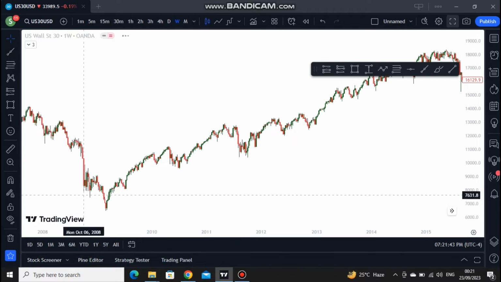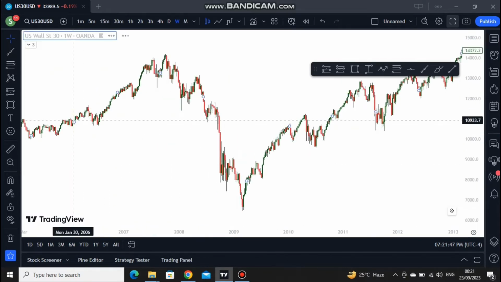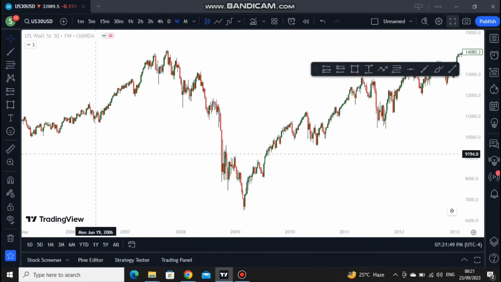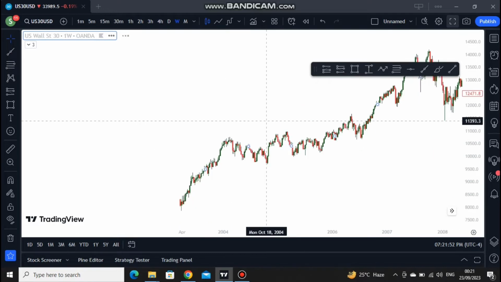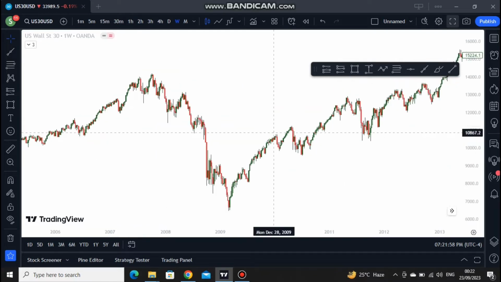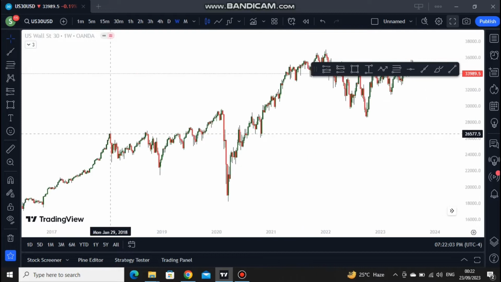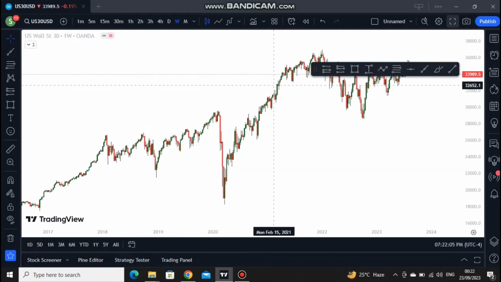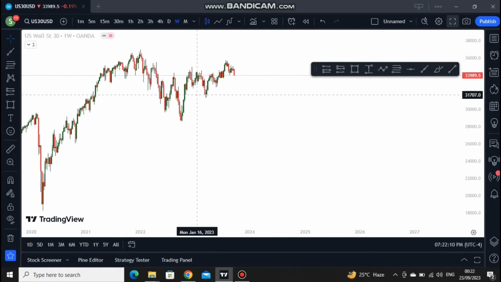It has been moving all the way to the upside. You can see it yourself, just retracing back, continue, retrace, continue, retrace, continue. That is what it has been doing. And it just retraced again here.